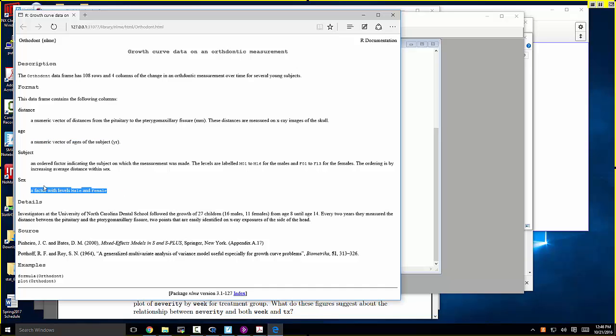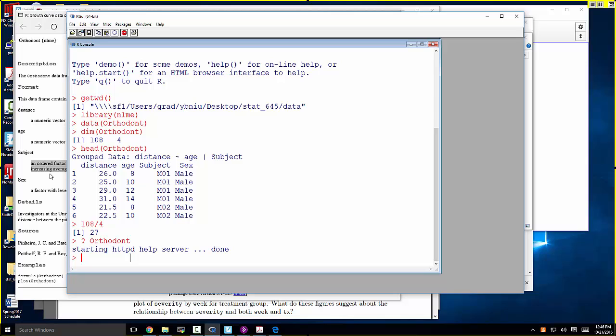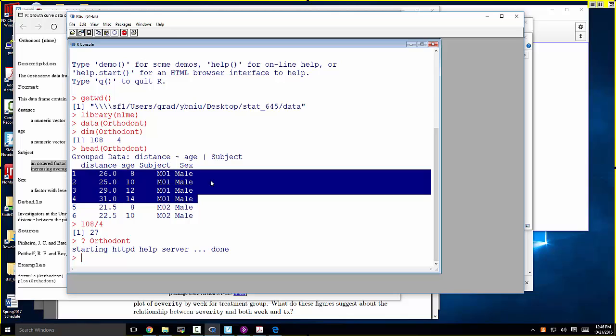Age is in years. Because we have correlated data, another variable that needs to be in our data set is some way of identifying repeated measures on the same person. So in our Orthodont data set, the first 4 rows are all the same person. I know that by the Subject column. Subject or ID or some kind of unique identifier for this person, M01.